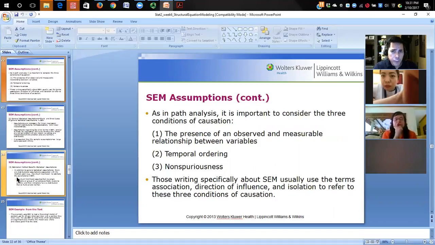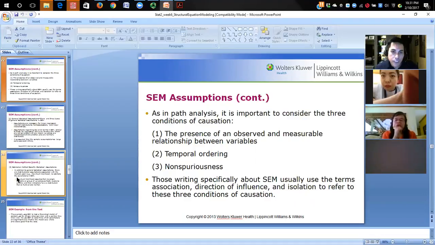It is important to consider the three conditions of causation, so the cause and effect: that there is a presence of an observed and measurable relationship between variables. There is temporal ordering, and temporal means timing, so one has to happen first before the other will happen.